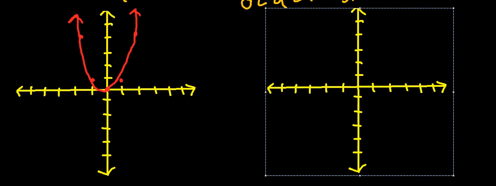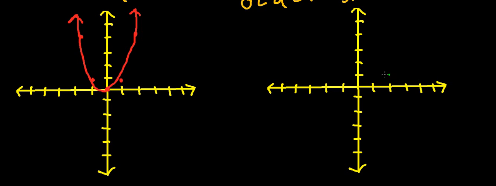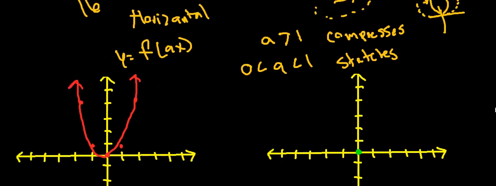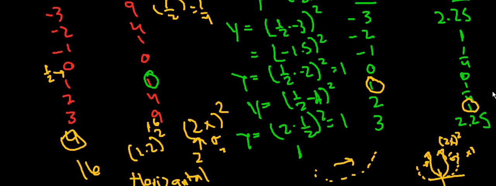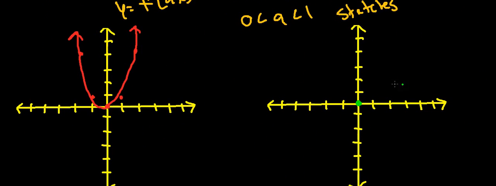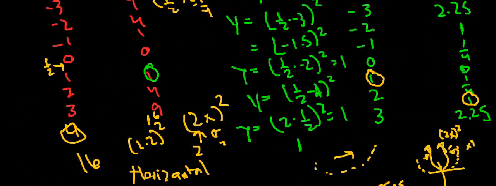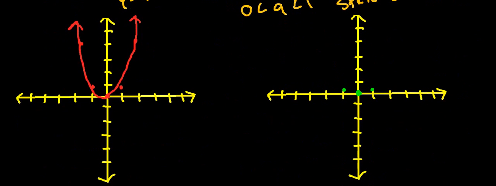Alright. Well, let's look at our table of values real quick. It started out at 0, 0, just like the other one. And then we had 1/4, 1, and 2.25. So we had 1 and 1/4. So that's like all the way down here somewhere. Minus 1, 1/4. And then we had 1 and 2.25.